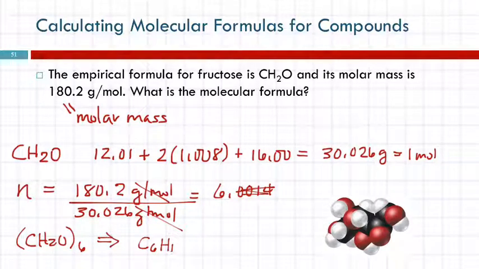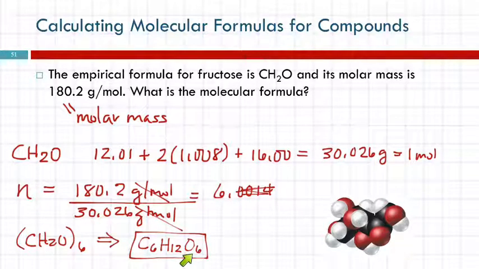I multiply by 6, I get 12. And on the oxygen, it's 1, and so that's a 6. This is the molecular formula. A molecule of fructose has 6 carbons, 12 hydrogens, and 6 oxygens in it. The empirical formula, if you take 6 to 12 to 6, that lowest ratio is 1 to 2 to 1.